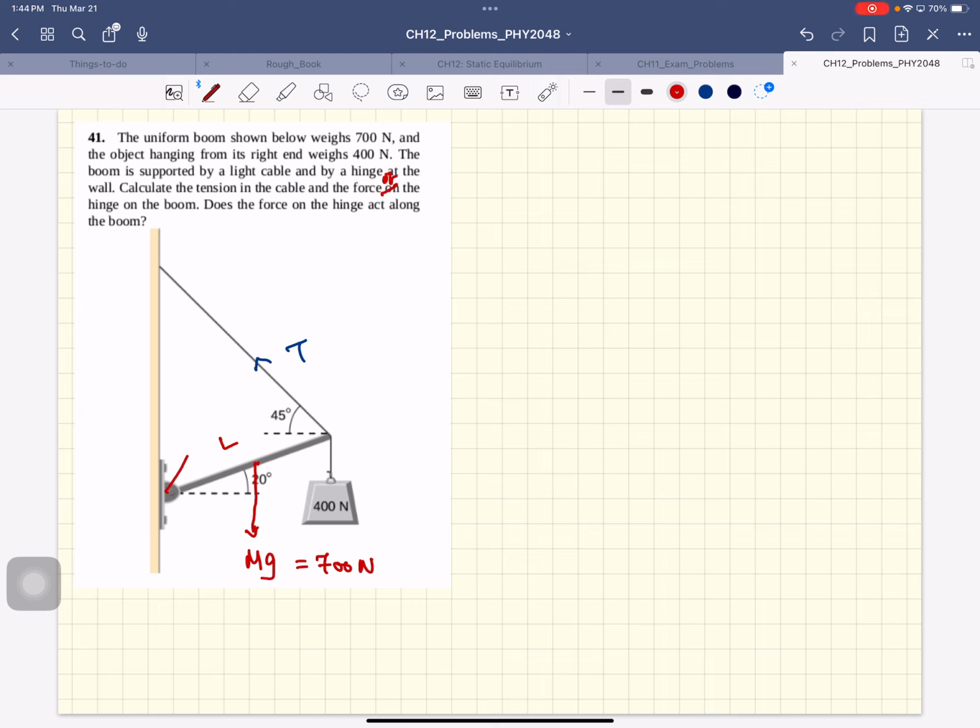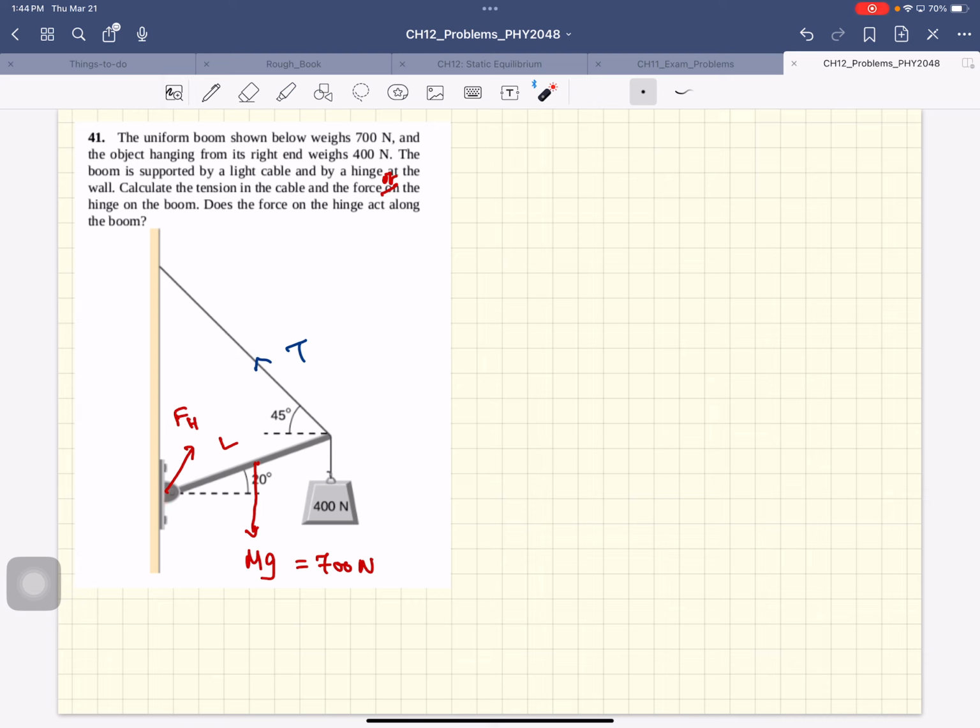So let's say that's the force of the hinge. Here's what's happening. This cable is pushing the boom into the wall, and it's pushing into the hinge, and this is the reaction force of the hinge on the boom.